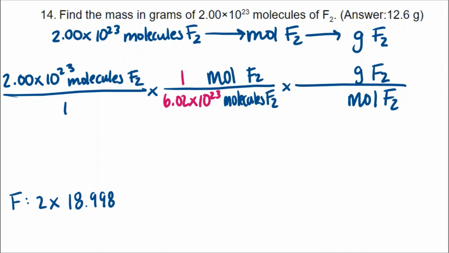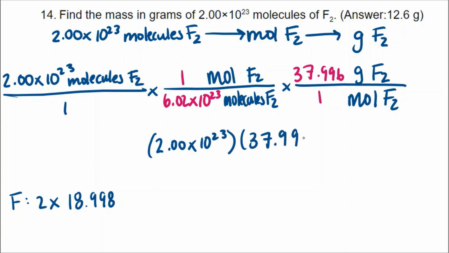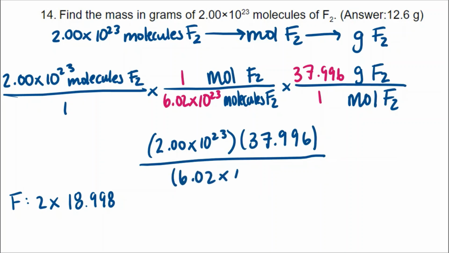So the molar mass for fluorine, 1 mole, is 37.996. So to solve this one, I would need to do 2.00 times 10 to the 23rd times 37.996, and I need to divide by 6.02 times 10 to the 23rd. So when I do this, the answer that I get is going to be 12.6 grams of fluorine.